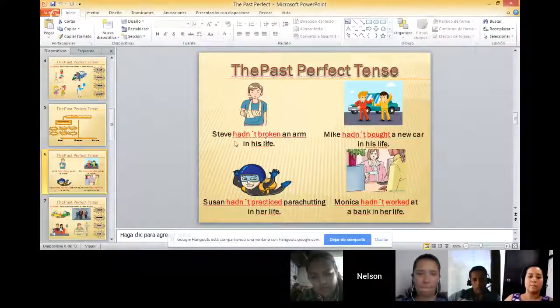We can replace "in his life" or "in her life". We can also use "after many years". For example, Steve hasn't broken an arm in his life. We can change it for Steve hasn't broken an arm for a long time.